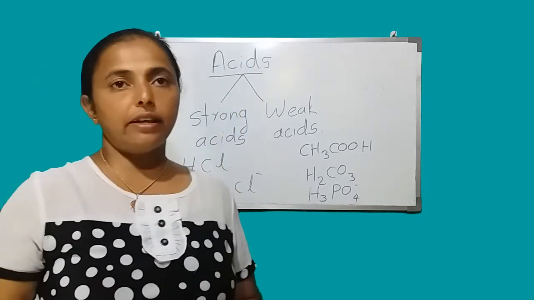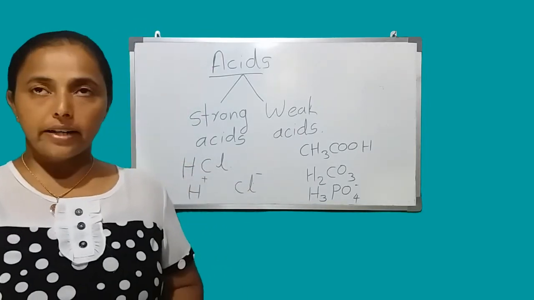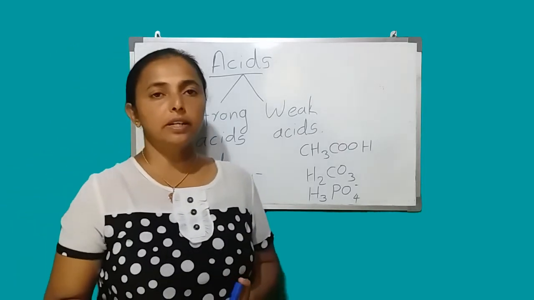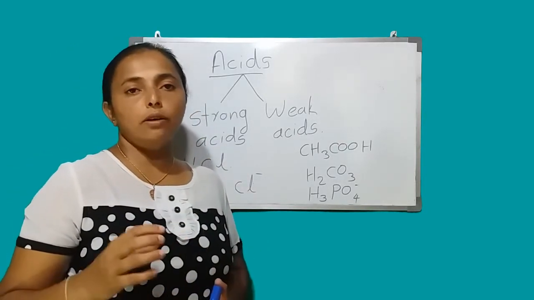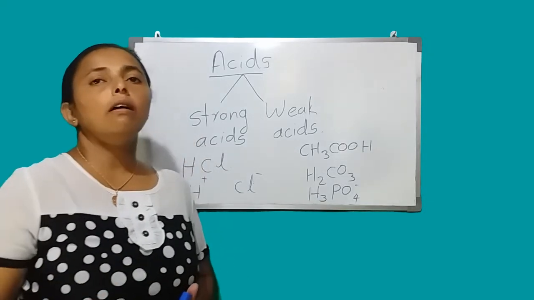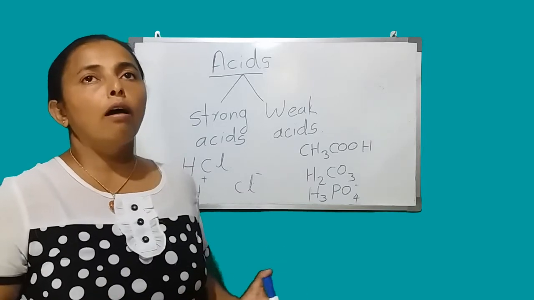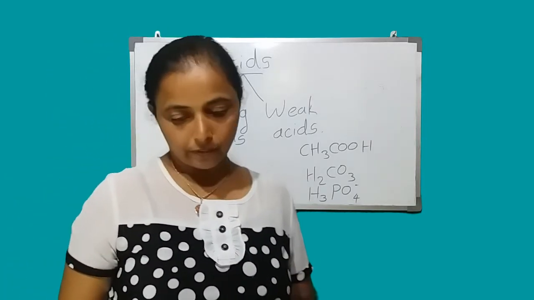Again, acid can be divided into groups: concentrated acid and dilute acid. Concentrated acid means that it contains a high concentration of acid. Dilute acid means that acid concentration is low.